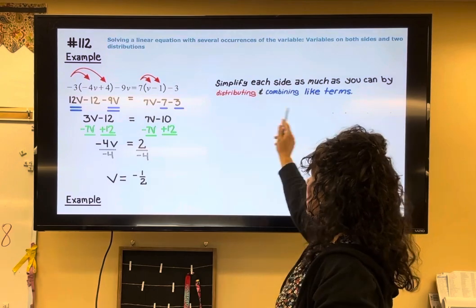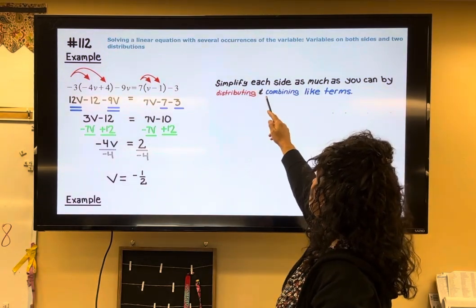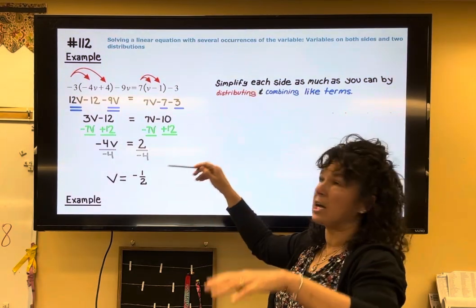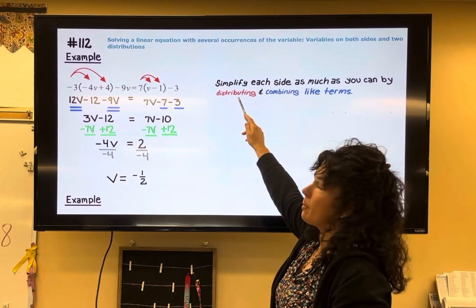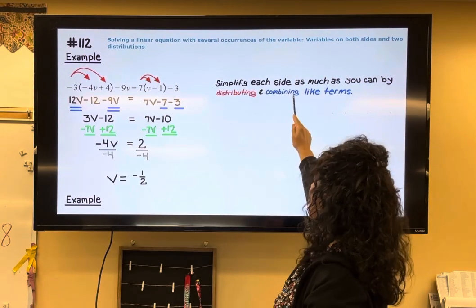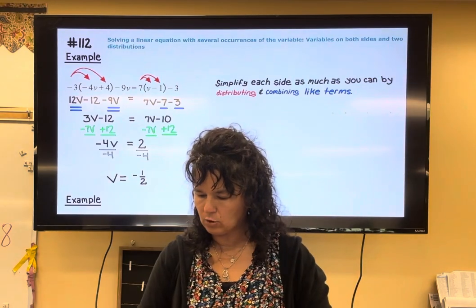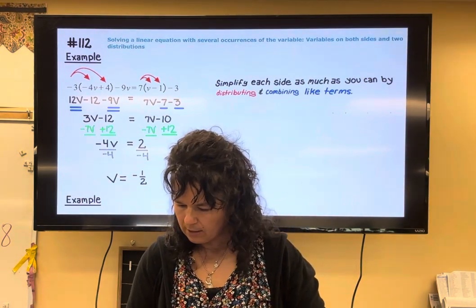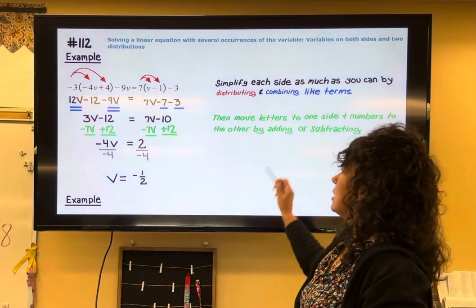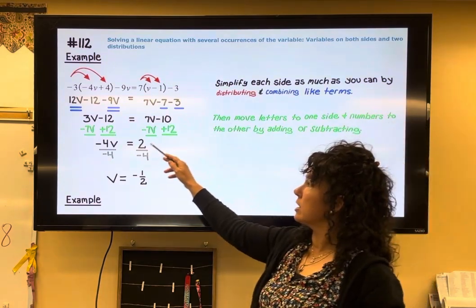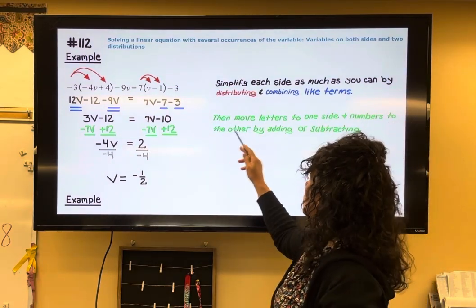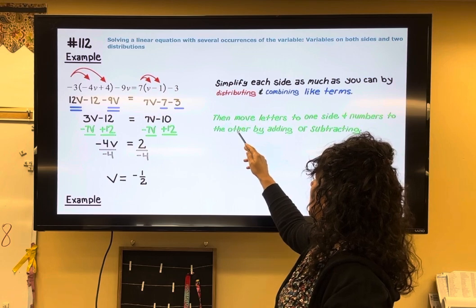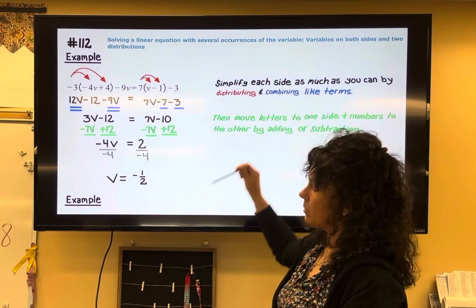Okay, but a quick recap off to the side. First thing we did was simplify each side. We used distributive property first because that's multiplication, and then we combine like terms, that's addition, subtraction. The next thing that we did was we used addition and subtraction to move letters to one side, numbers to the other.